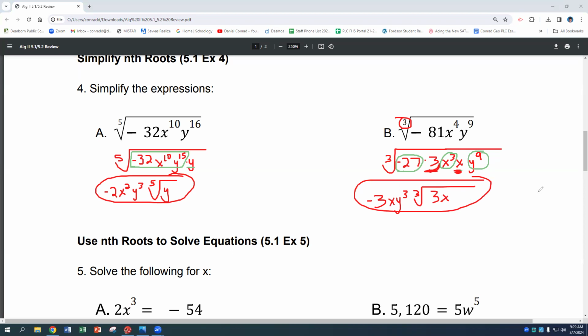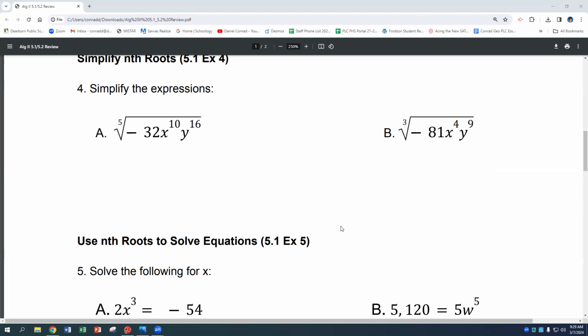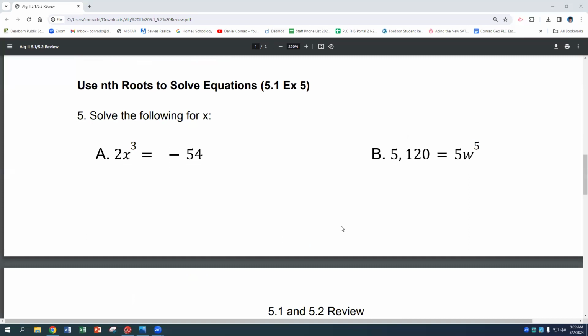All right, next one then. Moving on. Solving for x. So these ones you want to get the x or w in the case of b by itself. So what we're going to do is we're going to start by dividing each side by 2. Okay, so I'm going to divide both sides by 2. So I get x to the 3rd equals negative 27.